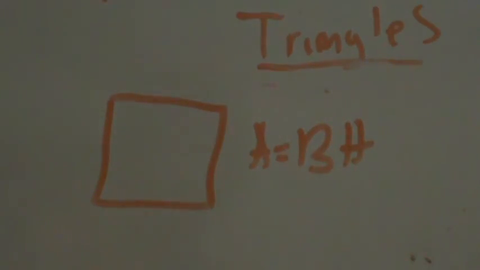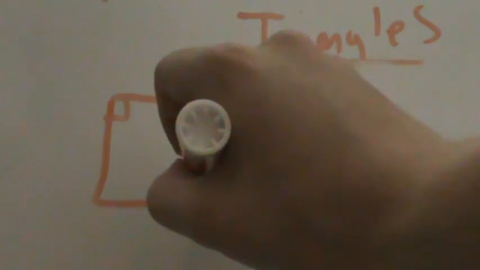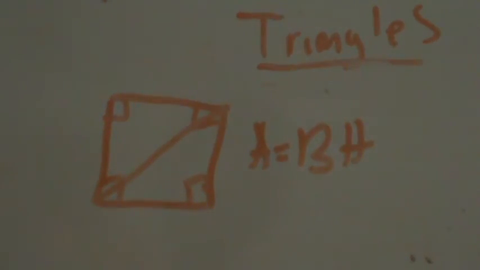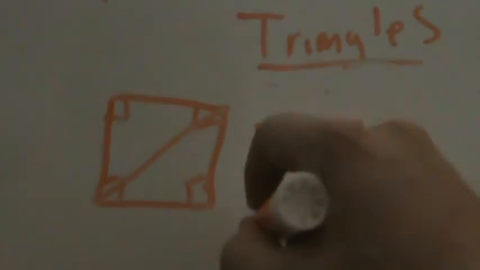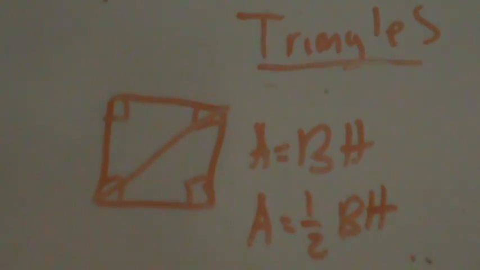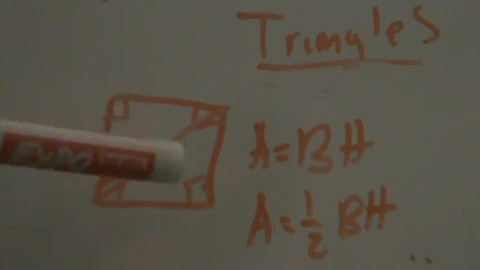Well, if we know that each one of these sides is a right angle, right? So if we were to split them right in half, okay? We know that the area would have to be 1/2 of that square. So the area of a triangle is 1/2 base times height. But that assumes that this triangle is a right triangle.